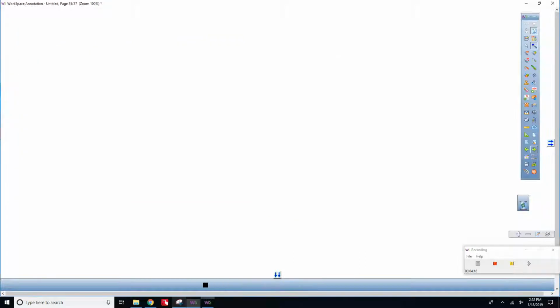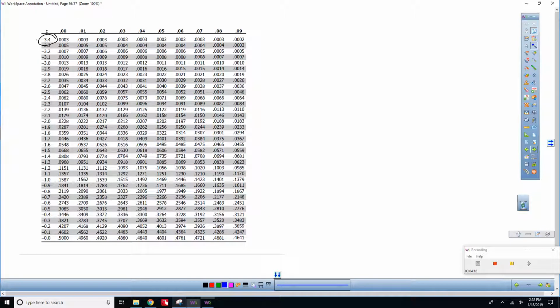Okay, so when you go to the chart, you find negative 2.37, like you go negative 2.3, and you go across to the 7. Maybe you know how to do this, and that is what you get.